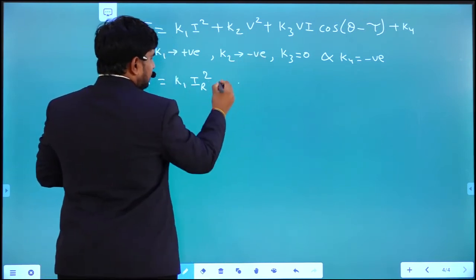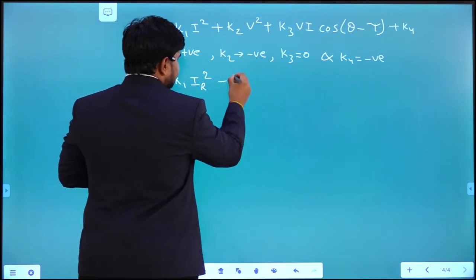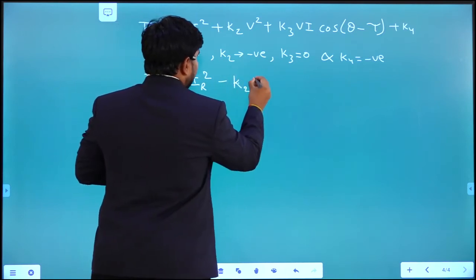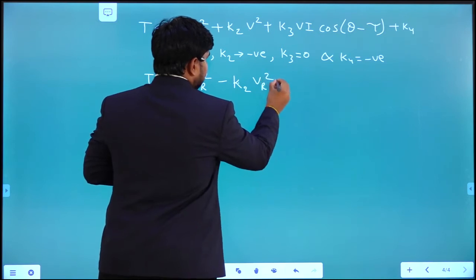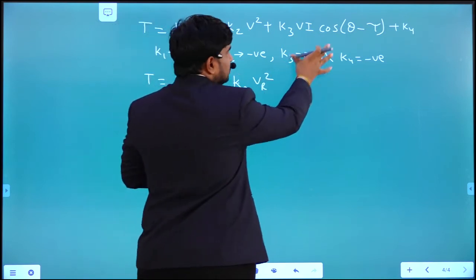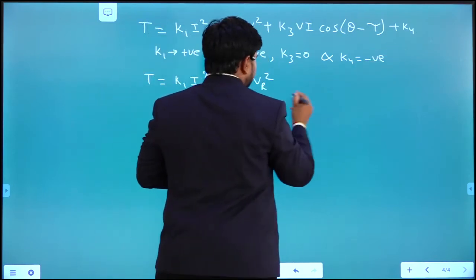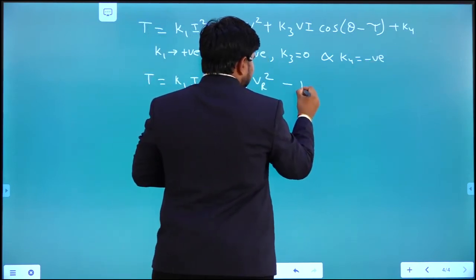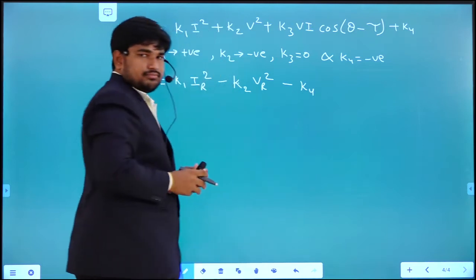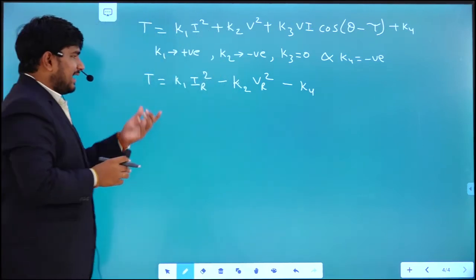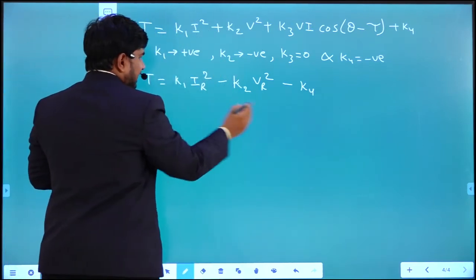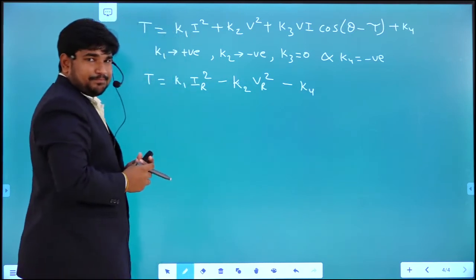As K2 is negative, it is minus K2 into VR square. K3 is 0, so I am not including this term. Again K4 is negative, so it is minus K4. So this is the expression for torque in the case of the impedance relay.